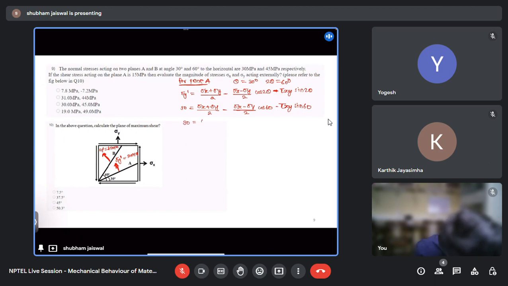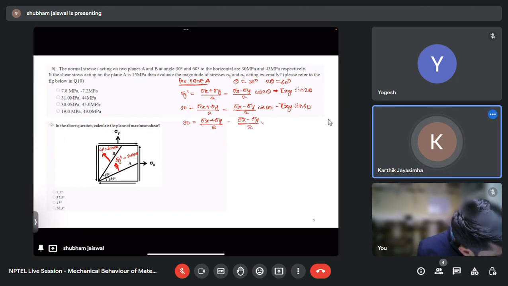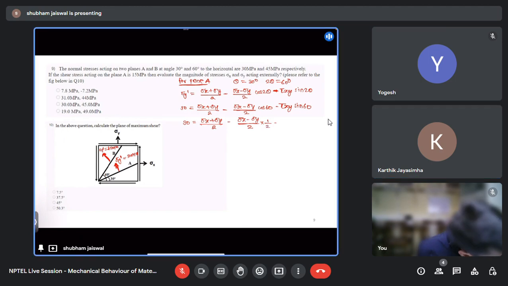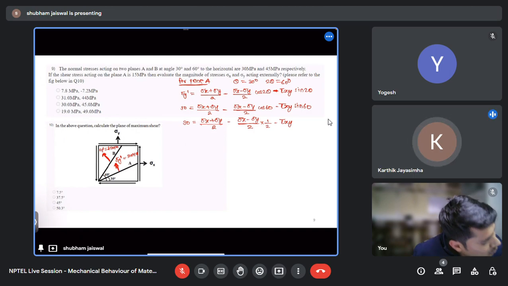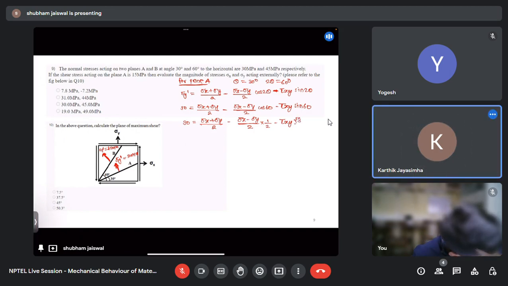30 is equal to (sigma x plus sigma y) by 2 minus (sigma x minus sigma y) by 2. Cos 60 is how much? 1 by 2. Minus tau xy. Sin 60 is how much? Root 3 by 2.